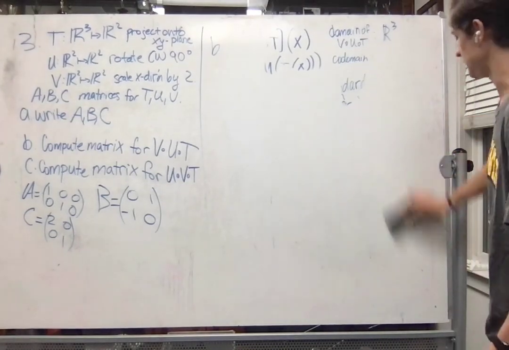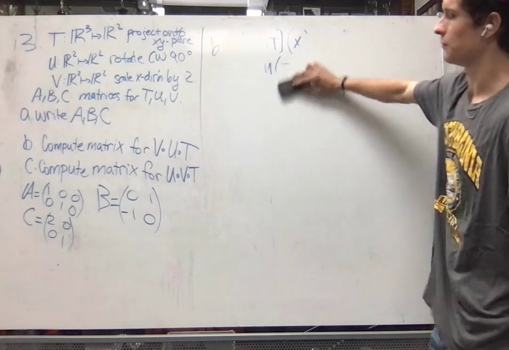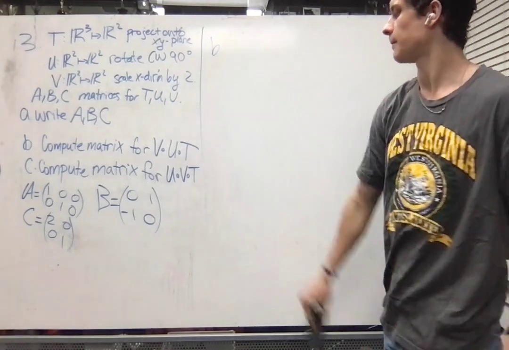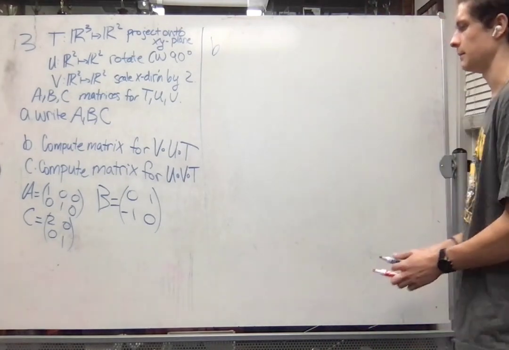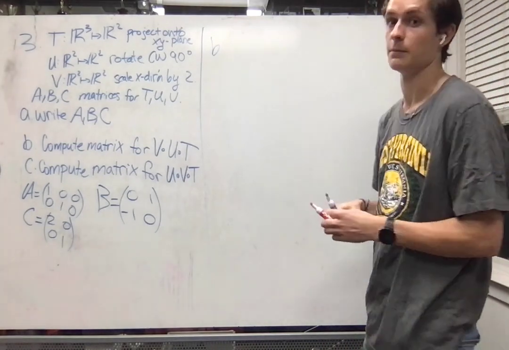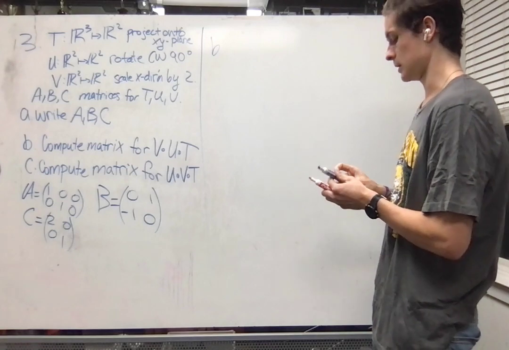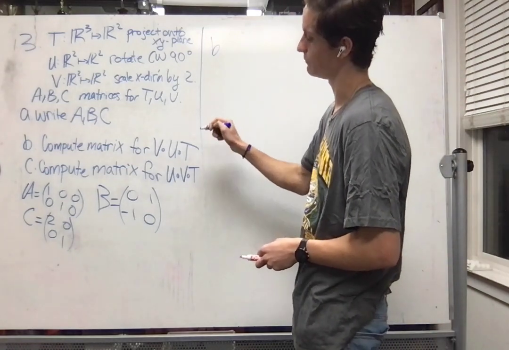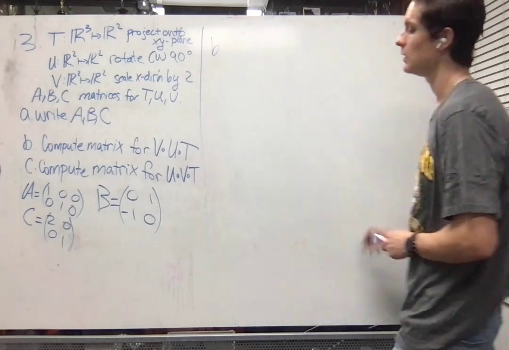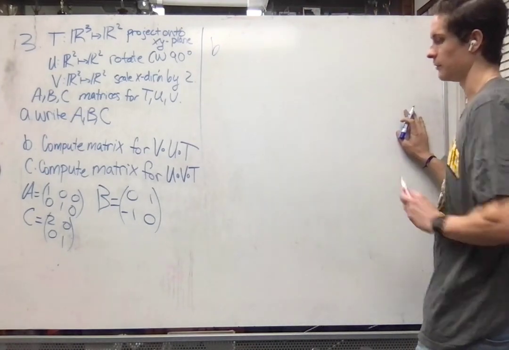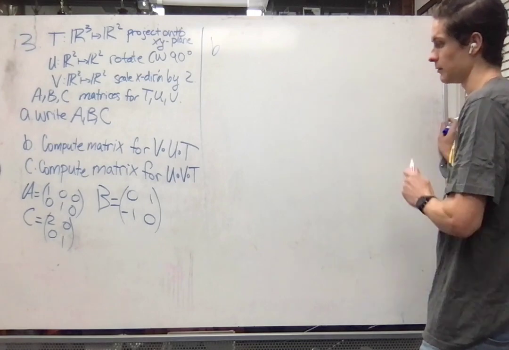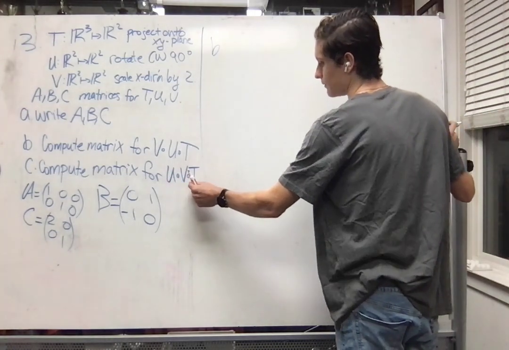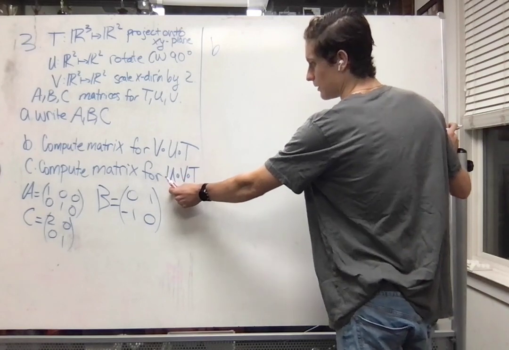Now for part C, we could very easily do the same exact process, but now we're going to use the multiply the matrices method. We're once again going to do T first, but now we're going to do V, then U. The way the multiply the matrices method works is that you take the 3 functions and replace them by their standard matrices.